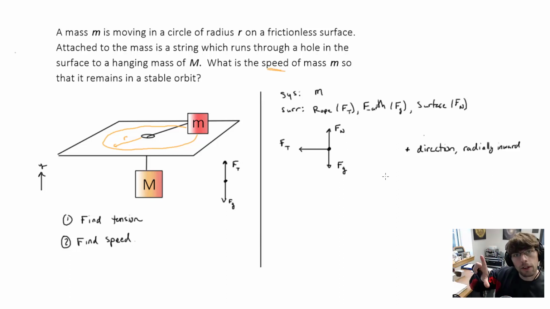Okay. Now that's perfectly valid. It helps sometimes with conceptualization of moving objects. So if I call my radially inward always towards the center of the circle, then it just makes life a little bit easier in terms of thinking about positive directions.